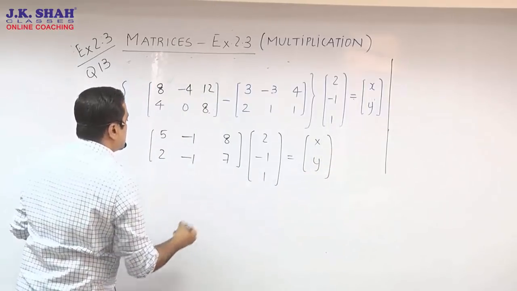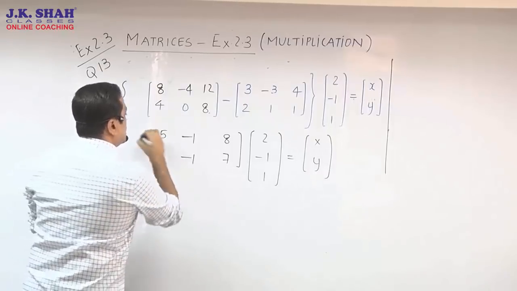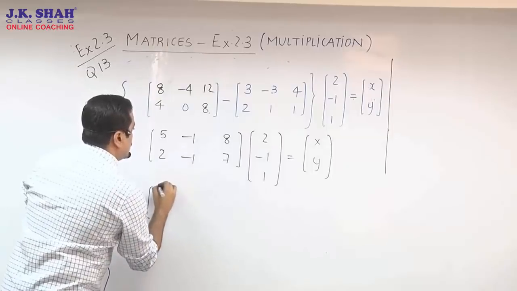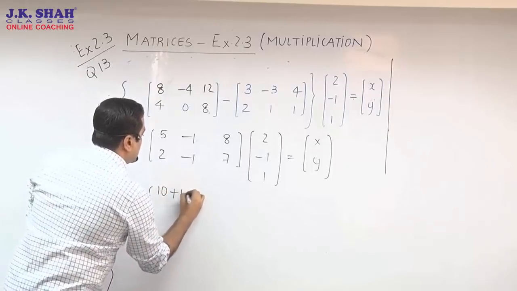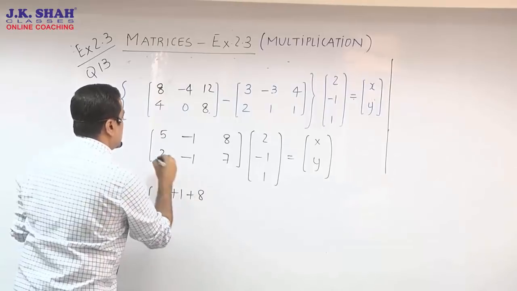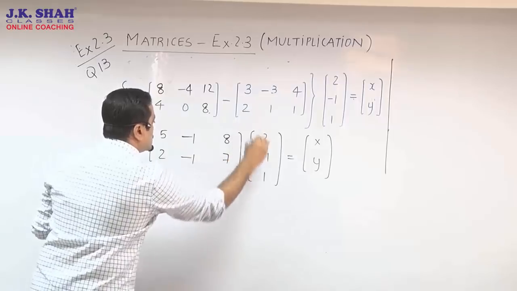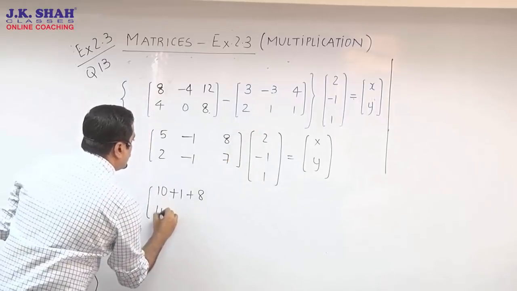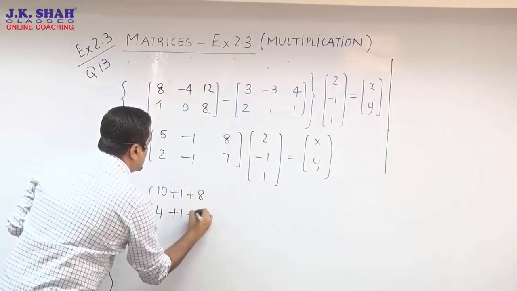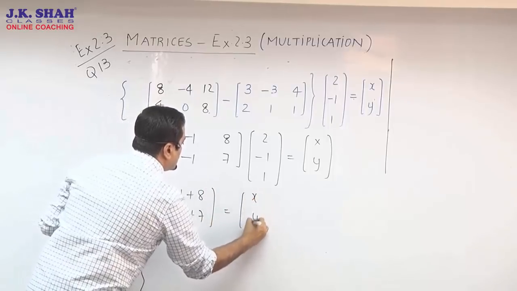So now, last step, we need to multiply the matrix. Again I'll be having two rows over here. R1 C1, it's going to be 10 plus 1 plus 8. By now everybody must be comfortable multiplying the two matrices. Mistakes may happen, but the comfort zone must have come. R2 C1, so it's going to be 4 plus 1 plus 7, and that's equal to the matrix in front, x comma y.